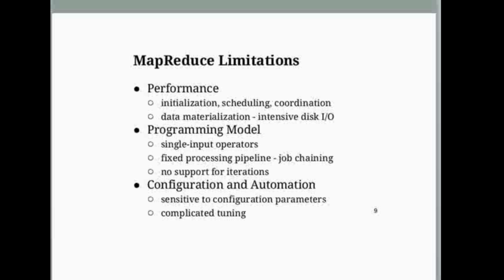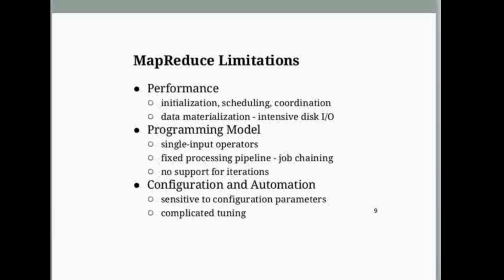Now guys, when we talk about MapReduce, Google somehow resolved the issue by introducing those three features. But later on, when it came into the market and was implemented by the various Hadoop platforms, we got to know that MapReduce has some issues regarding performance, programming model, and configuration automation.